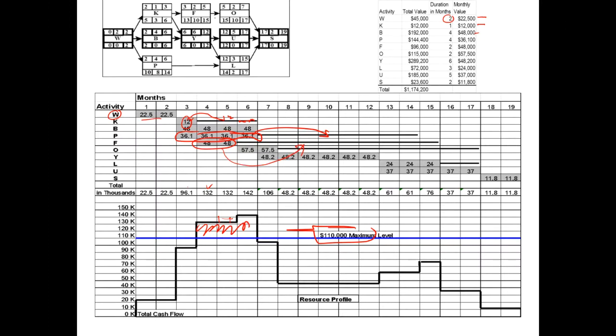If we delay F, it will have a knock-on impact on activity O as well, so we have to explore what works well. It is obvious that K is not an option because this will further increase the load. B is again a critical activity, so that is not going to solve our problem. So either we could explore delaying activity P or delaying activity F.